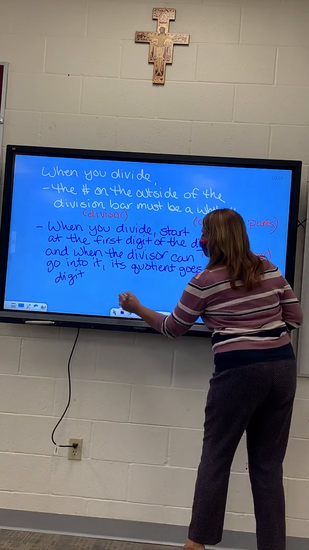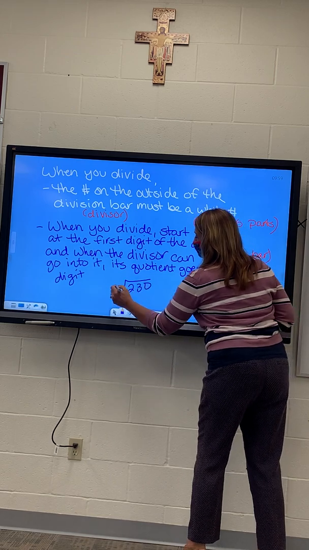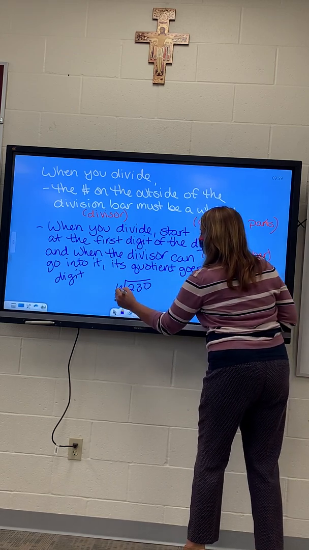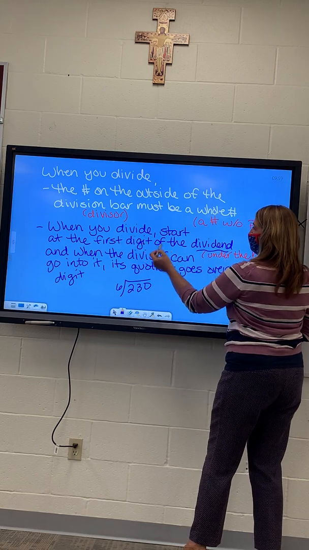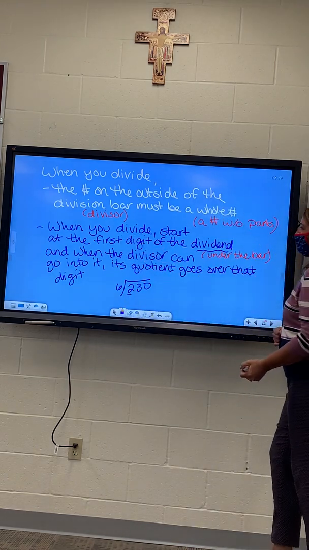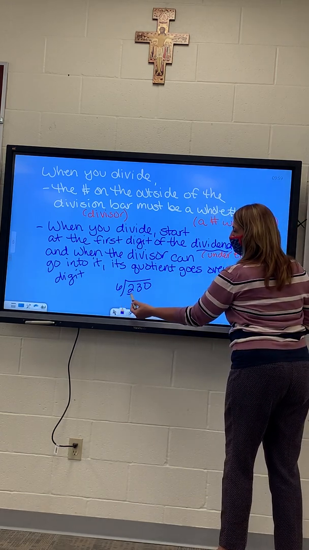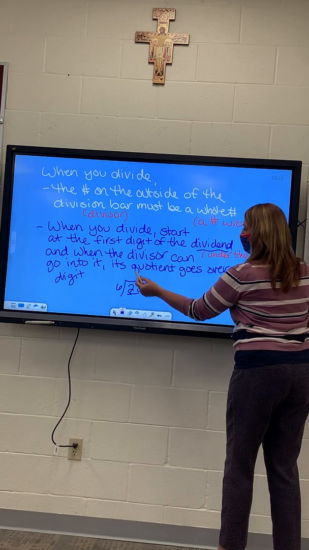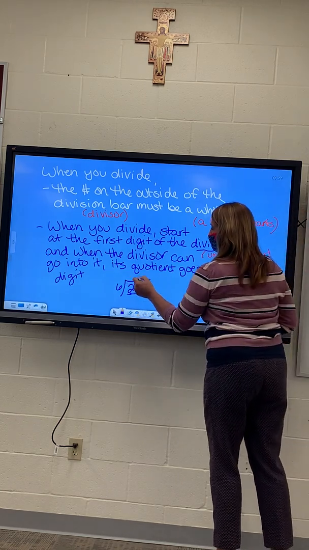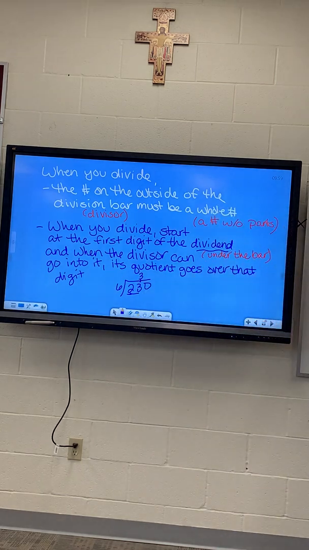So what I'm talking about, like I said when we did 230, and it was, what number was out here? I think it's 6. When you divide, start at the first digit of the dividend, and when the divisor can go into it. We couldn't go into it, so we needed the 3, its quotient goes over that digit, so that's why it went above the 3. That's what I'm trying to say there.